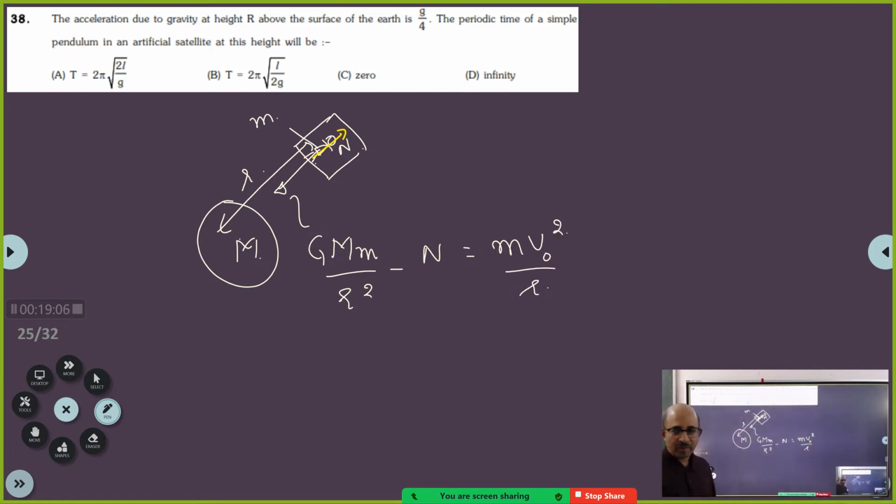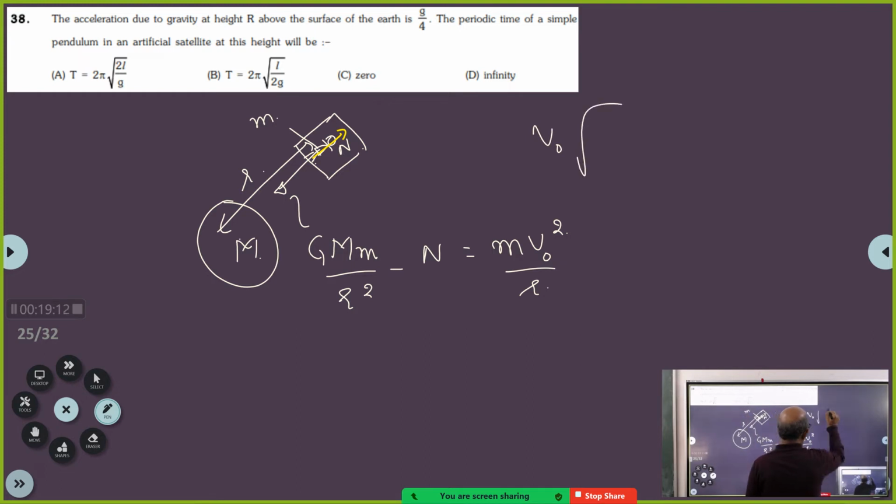What is v0? Orbital velocity, I hope you remember that. Orbital velocity is root of GM by r. So if you write v0 square, you are going to get it as GMm by r square.